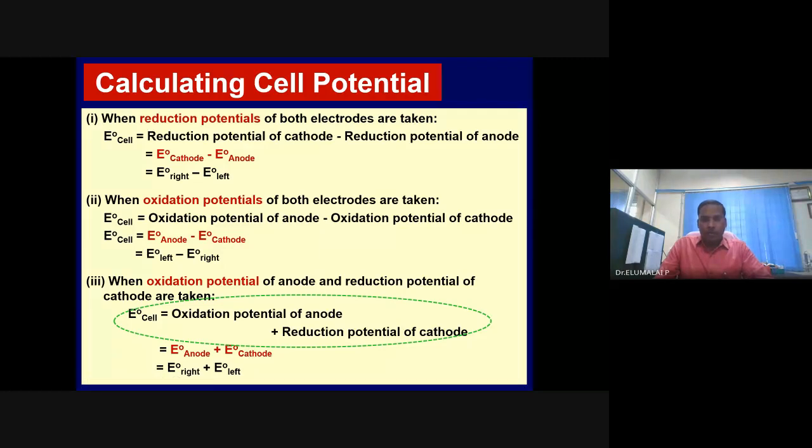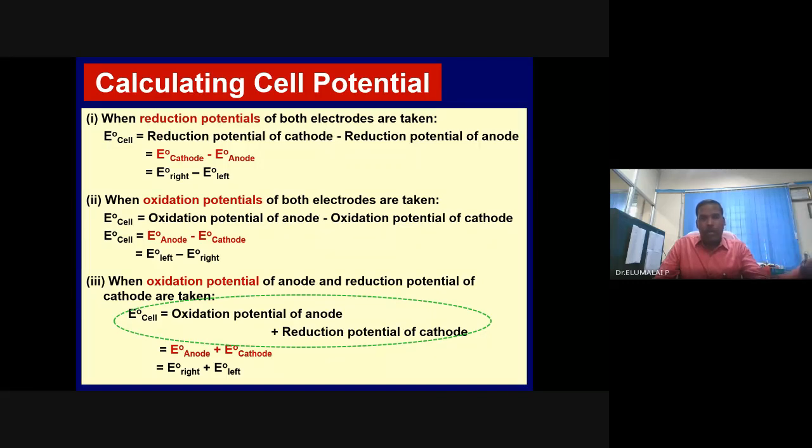Or the third mode is you consider the oxidation potential of the anode and the reduction potential of the cathode and add them. There is no worry about which to subtract from which. You identify the electrode which is the anode, where oxidation is taking place.